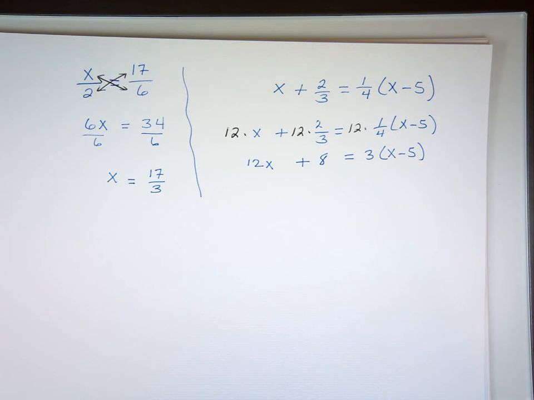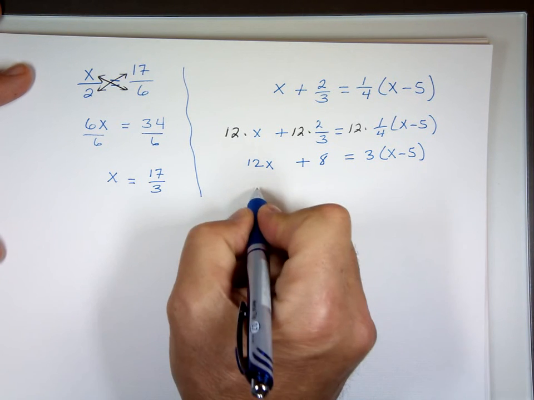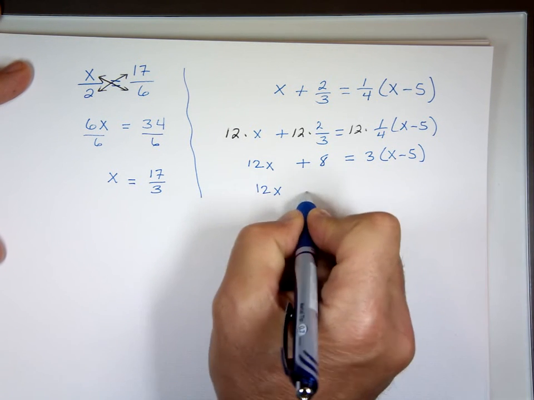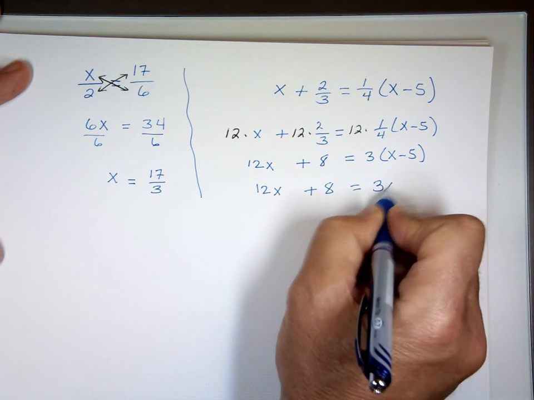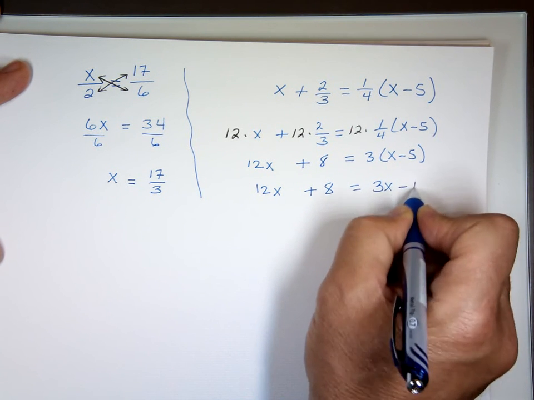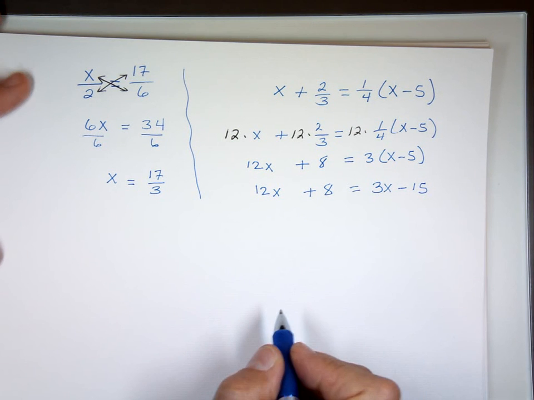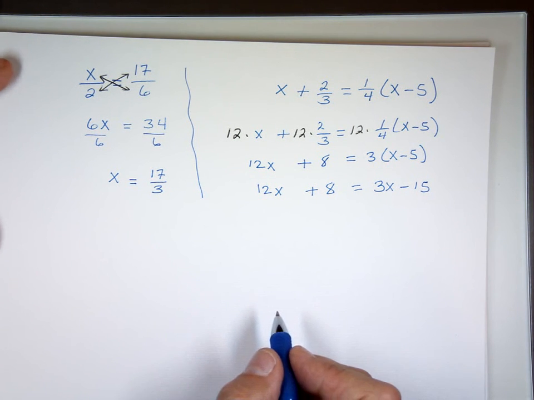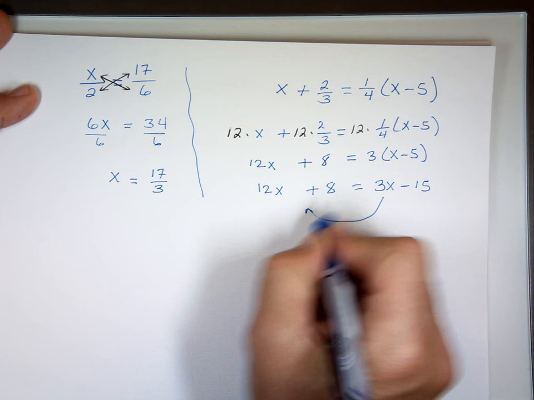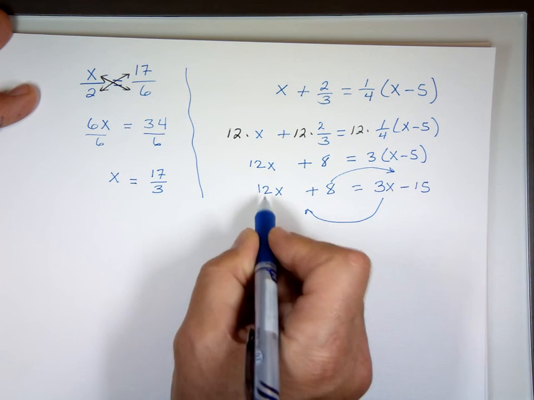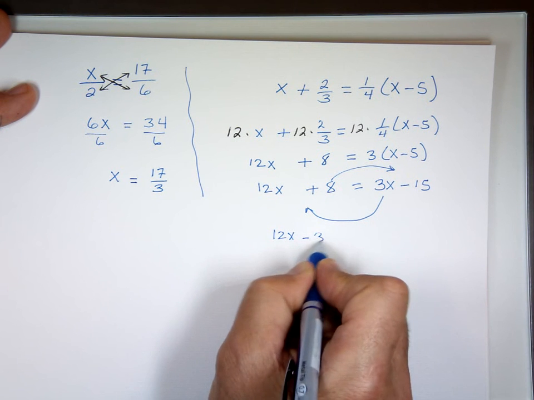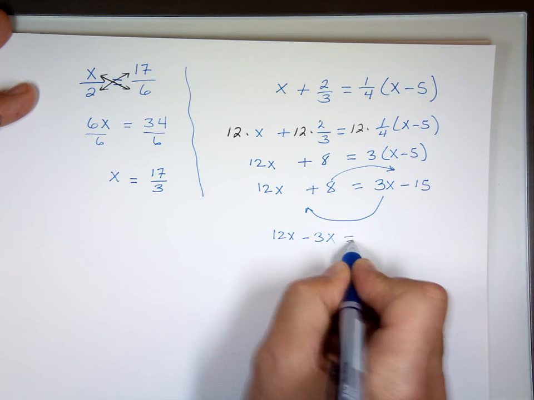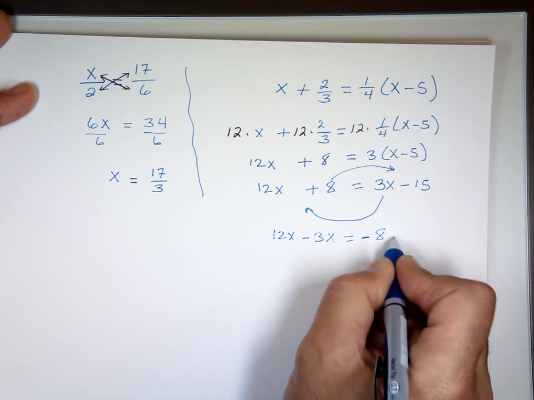Now we can solve it. 12x plus 8 equals what? 3x minus 15. All the x's on one side, all the numbers on the opposite side. 12x minus 3x equals negative 8 minus the 15.